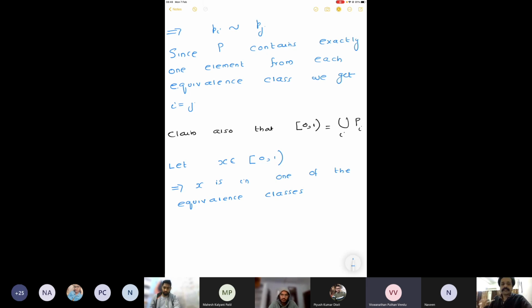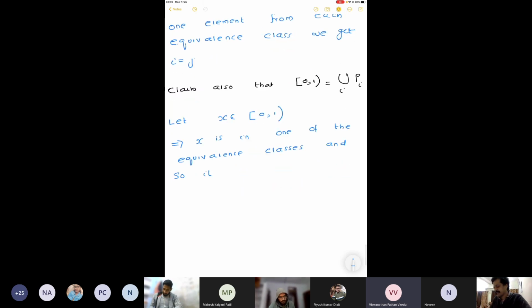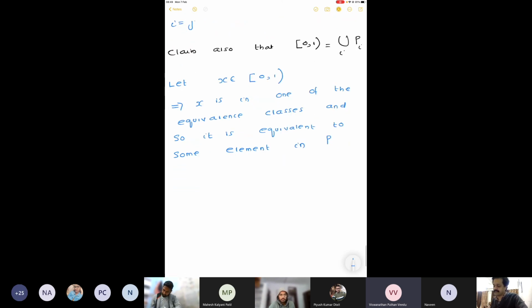Therefore, this x will be equivalent to some element in P, because P contains one element from each equivalence class. So x is in one of the equivalence classes, and so it is related to some element in P, because P contains a representative from each equivalence class.